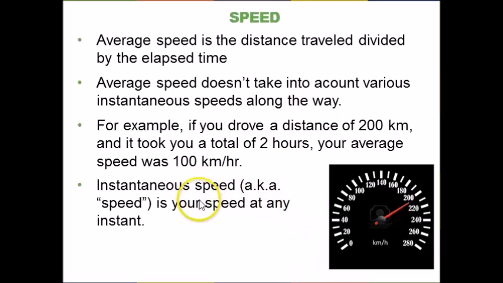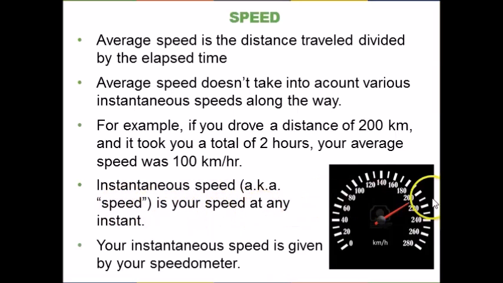So instantaneous speed, also known as speed, is your speed at any instant. That's what's read off on your speedometer. So if your average speed was 100 kilometers per hour, you may have been driving 120 for part of it. You may have got caught in traffic jams and been driving at 50 or even 0 for a little bit. But your average speed is still 100 kilometers per hour.